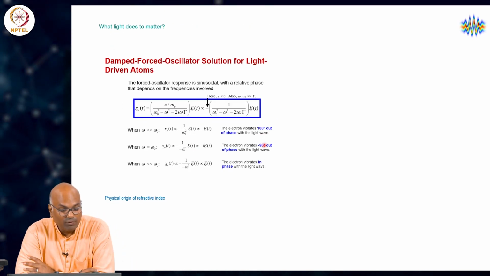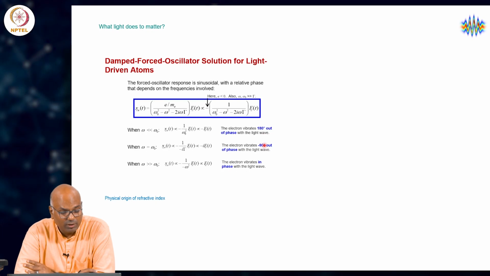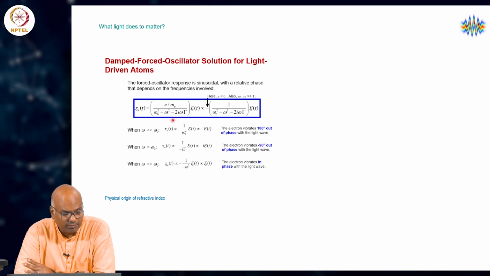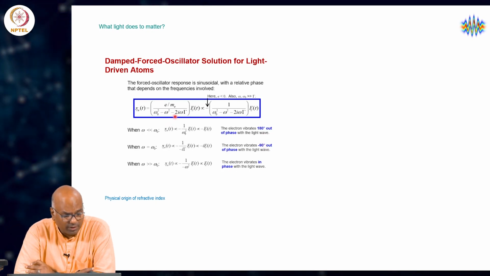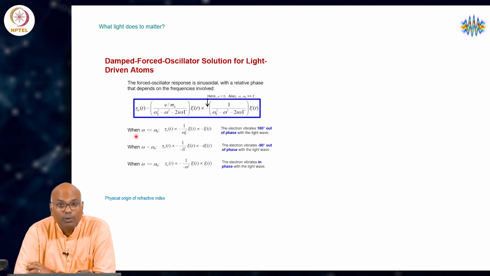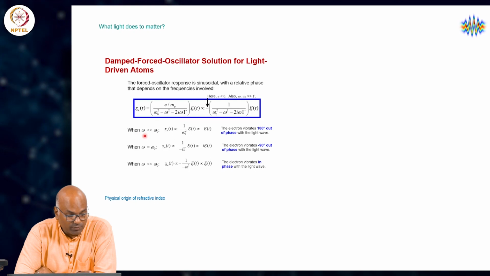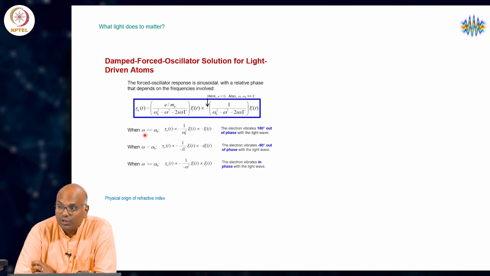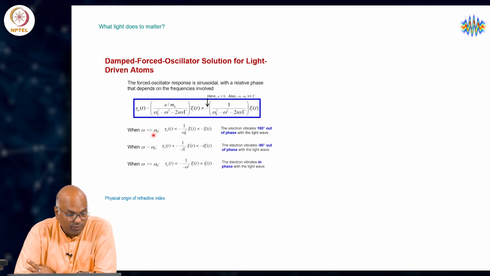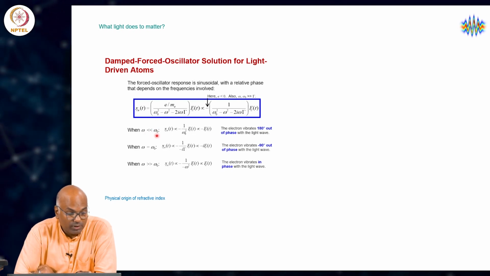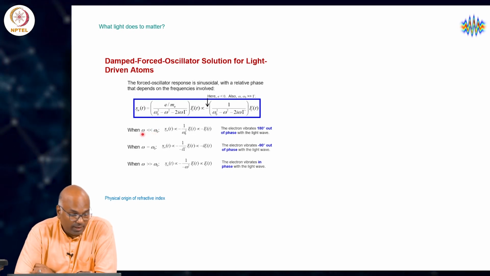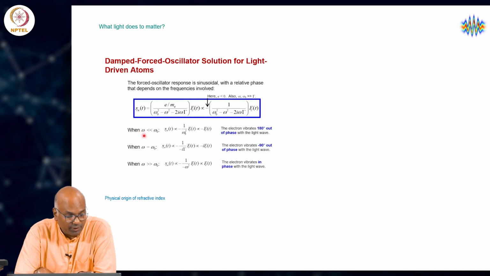Now, the damped forced oscillator solution for light driven atoms, which is what we consider here, can be explored and examined as a consequence of 3 different cases of the relationship between the resonance frequency omega naught of the atomic system and the driver frequency omega.